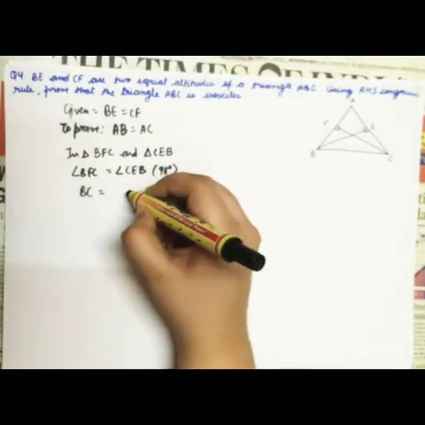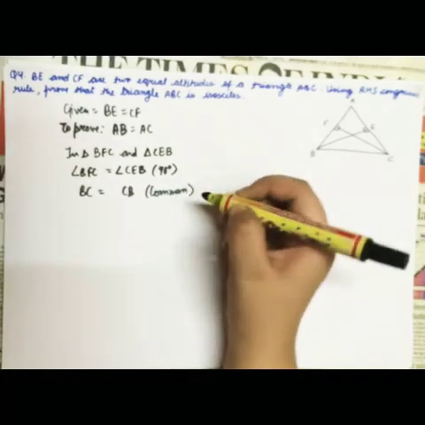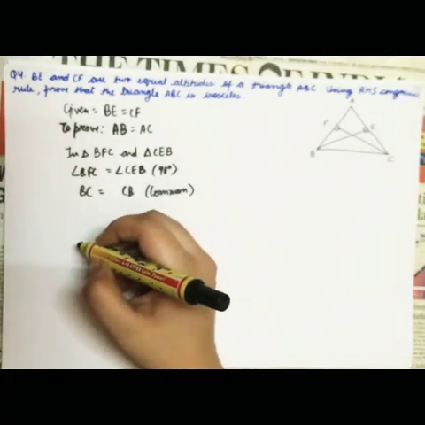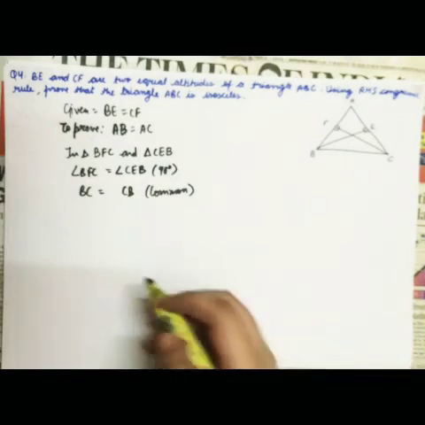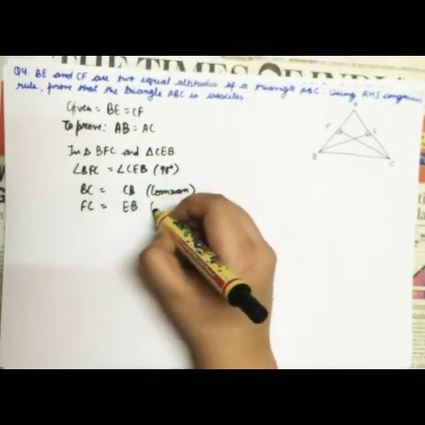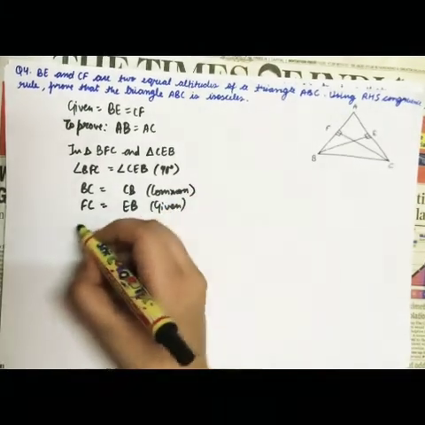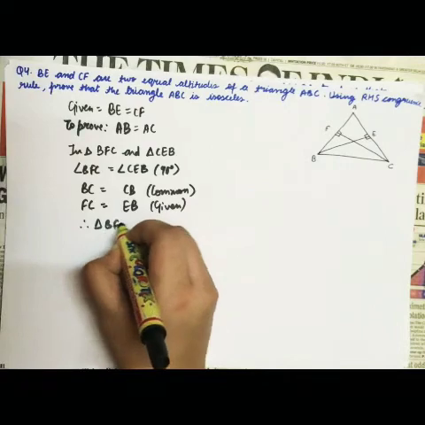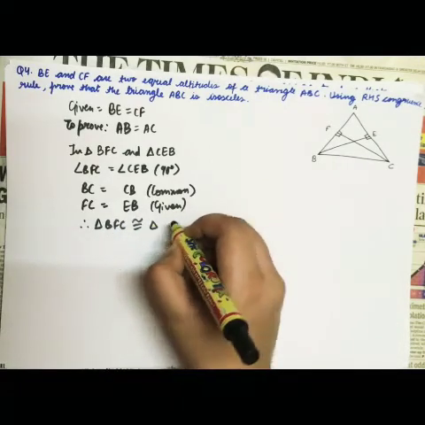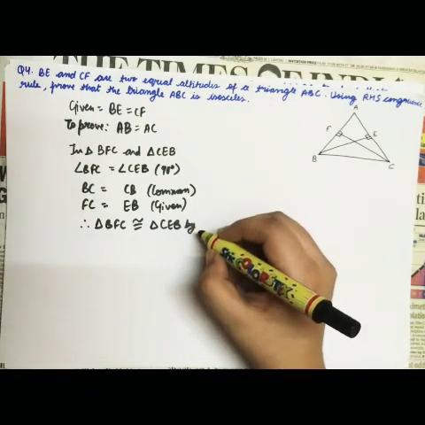BC is equal to CB, which is common, and FC is equal to EB, which is given. Therefore triangle BFC is congruent to triangle CEB by RHS rule.